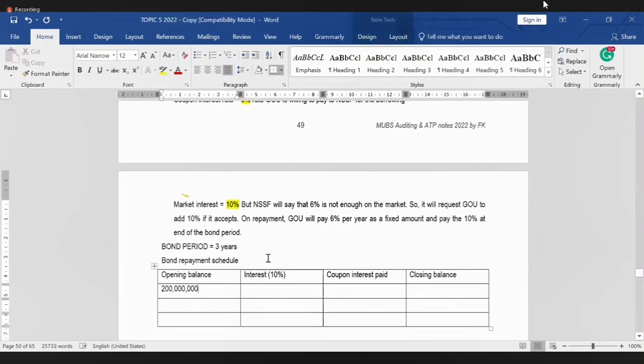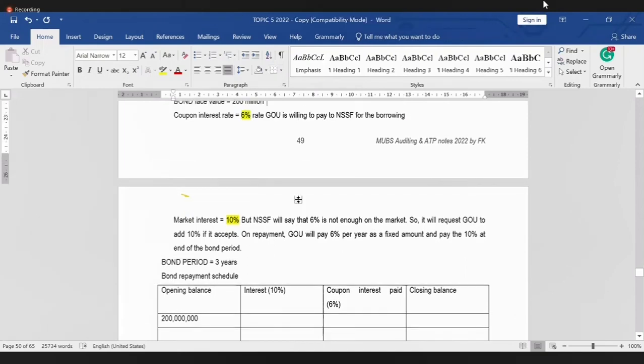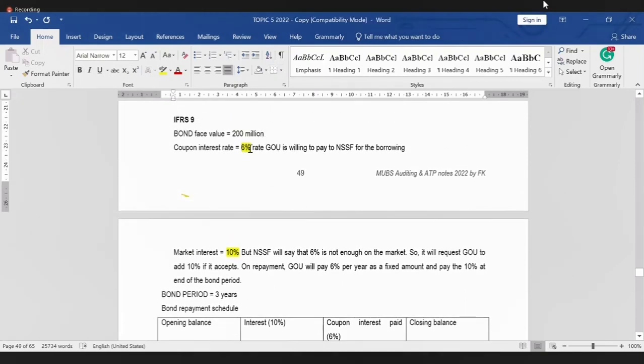So meaning the opening liability is 200 million, then the coupon rate we've said is 6%. So the total interest is what? It is 10 plus 6, which is 16, but the 10 is going to be paid at the end. So what will be the coupon rate?